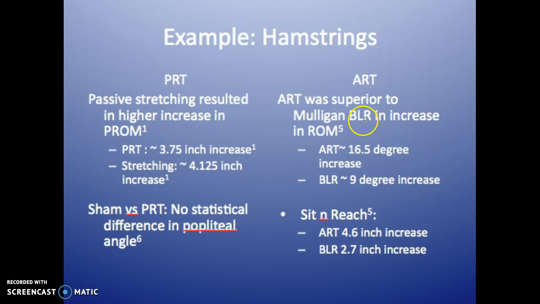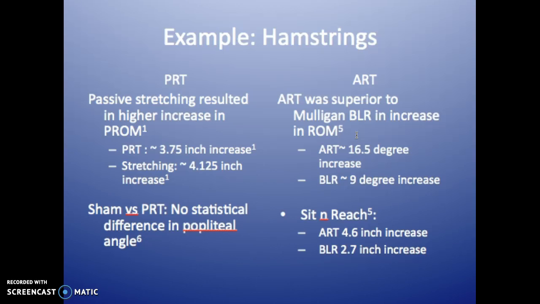Now, when we look at ART, when compared with a Mulligan bent leg raise, which is essentially where the clinician moves the patient's knee to their chest, we saw that ART had a higher degree of increase in popliteal angle.